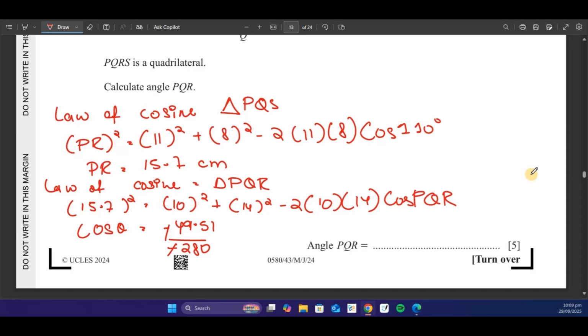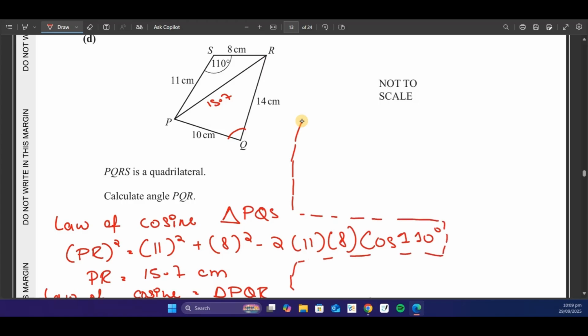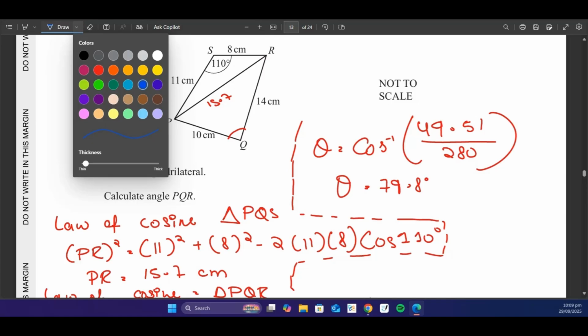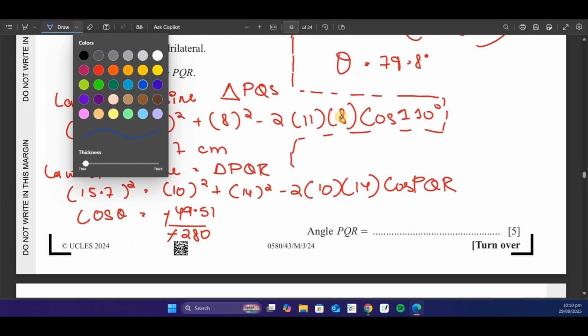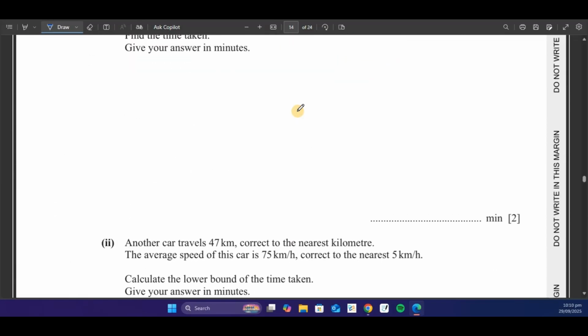And to find theta, what we could do is take inverse. So theta is equal to cos inverse 49.51 over 280, and that should give us a final answer of 79.8 degrees. Alright, perfect. I think let's change the color of our pens. So the answer is 79.8 degrees. Perfect. Alright, moving on.